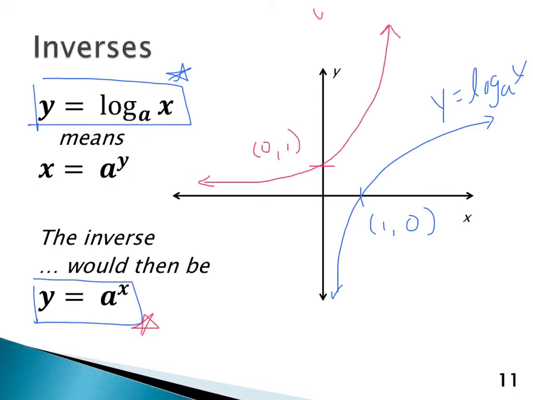And we label it y equals a raised to the x. Now remember, domain and range switch when you have inverses, and so any point on here that you find, the x and y switch places and they are then going to be over here. Because they're inverses, they are reflected across this not very straight line, y equals x.